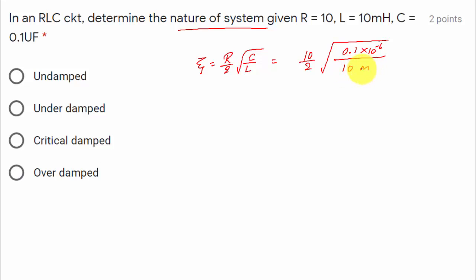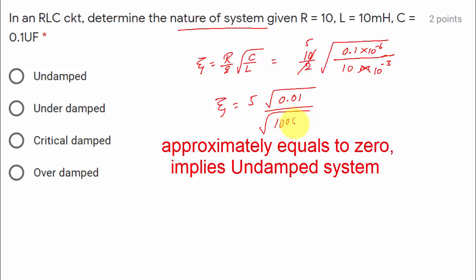Milli means it is 10 power minus 3. So we will be getting zeta which is equal to 5 into under root of 0.01 divided by a root of 1000.